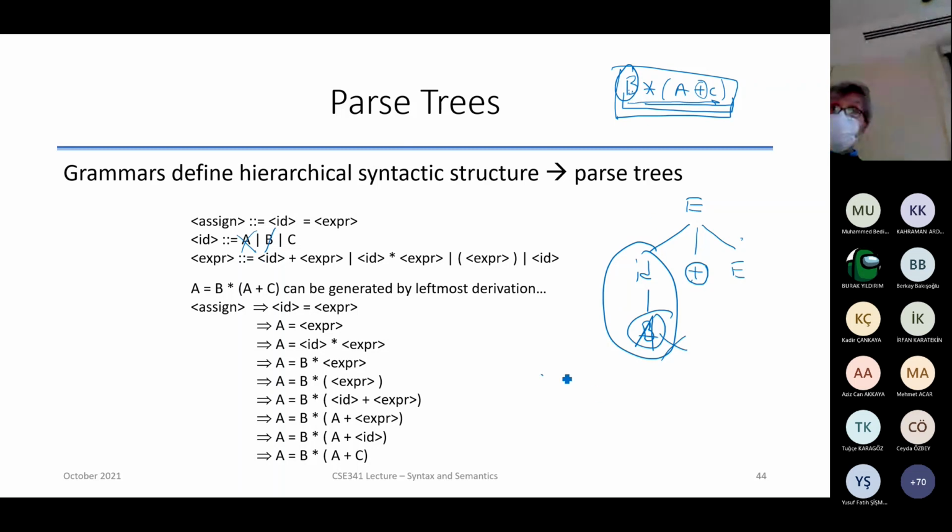Because I am looking at this tree from this perspective, when I read the leaves from left to right, it should match with my left to right here. So this leftmost derivation assumes that I am also doing something on the input, and I'm doing it from left to right as well.